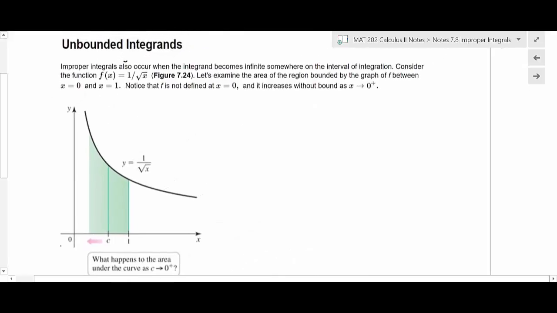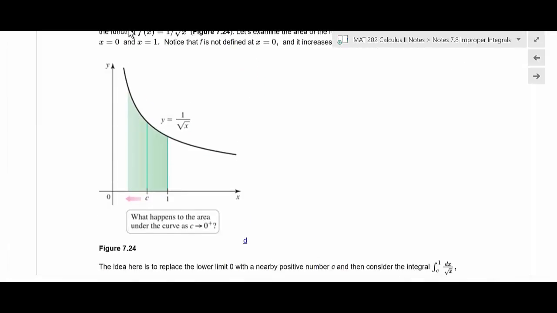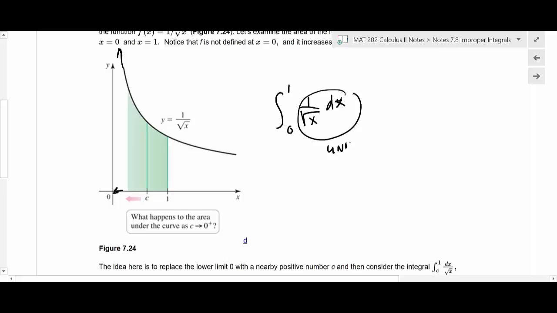If you were looking at, for instance, the graph of 1 over the square root of x, and you were going to do an integral from 0 to 1 on here, what's different is the limits of integration are finite. There's no infinity there. But what's different about this one is what's happening when you're at 0. As you're going to 0, what's happening to the graph? It's going to infinity.